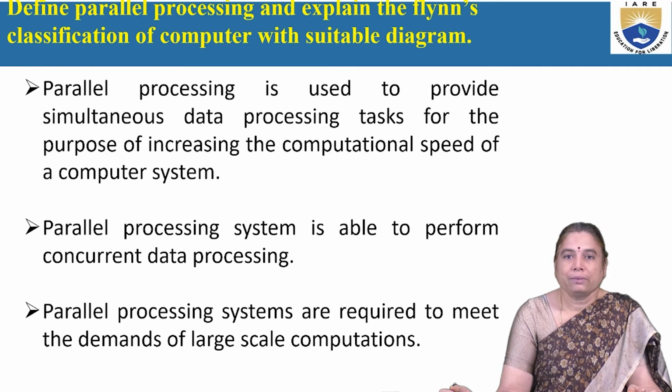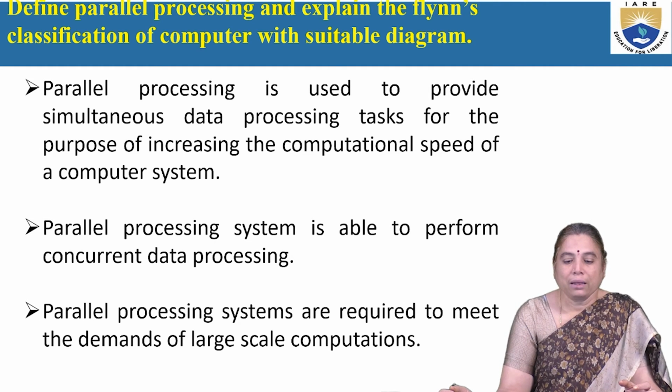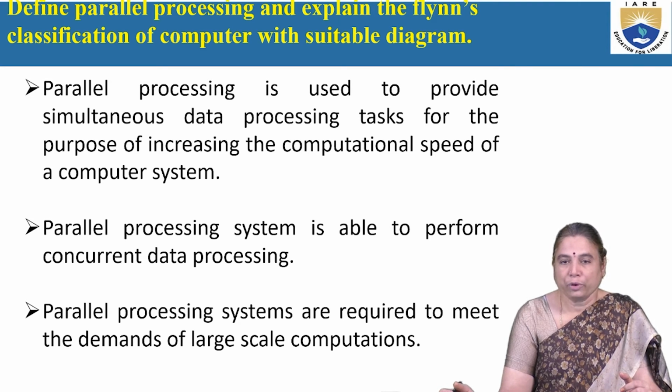The next question is, define parallel processing and explain Flynn's classification of computers with a suitable example. So what is parallel processing? Parallel processing provides simultaneous data processing tasks for the purpose of increasing the computational speed of a computer. A parallel processing system is able to perform concurrent data processing, and is required to meet the demands of large-scale computations.